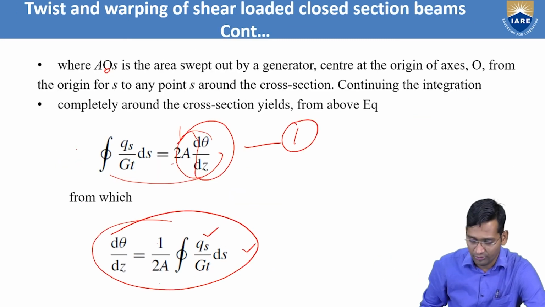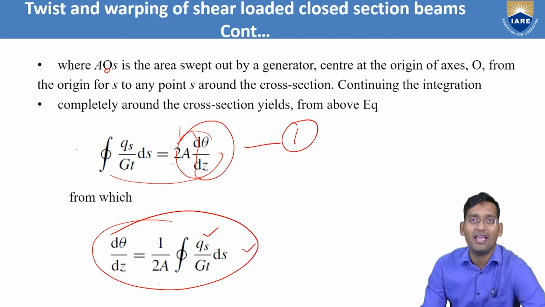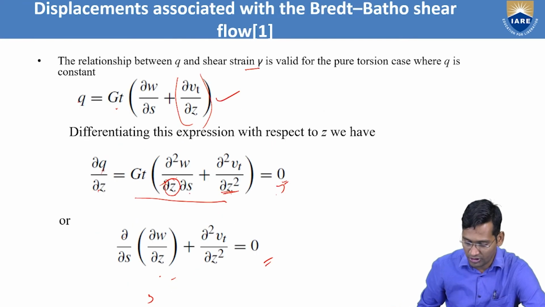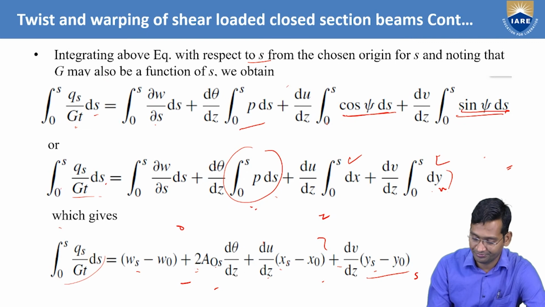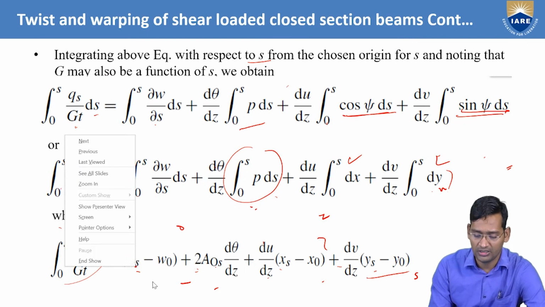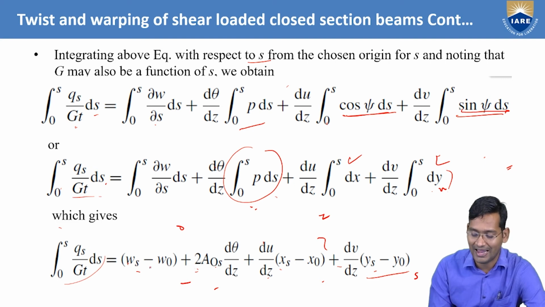Now let's see, A0s is the area swept out by a generator, centered at the origin of axis O. At the origin there is no twist, which means ws will be equal to w naught, so w naught cancels. Again at the origin xs will be equal to x naught, and ys also becomes y naught.